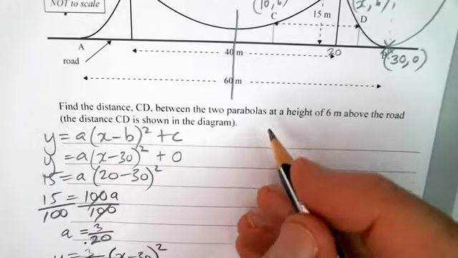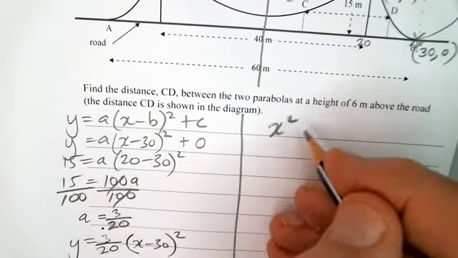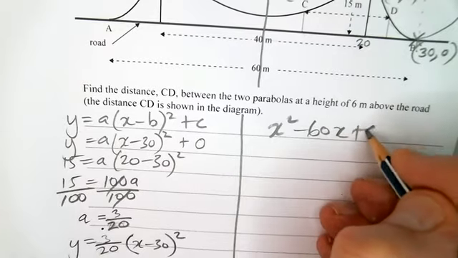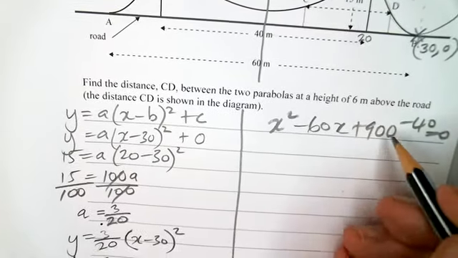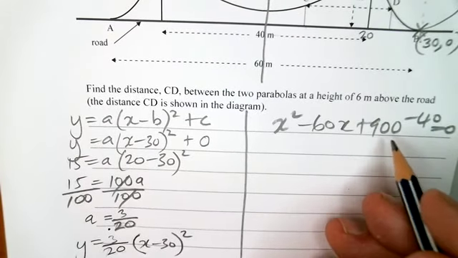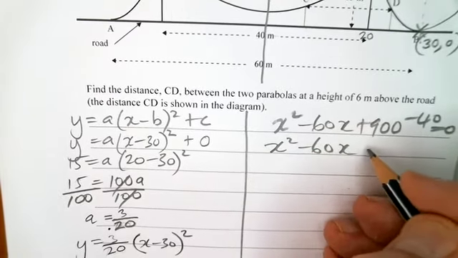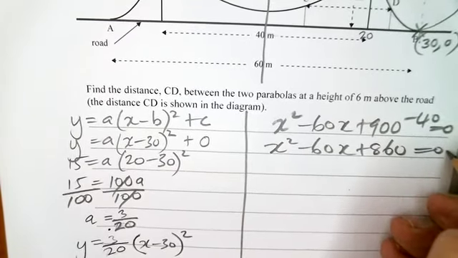This is what I'm going to solve: x squared minus 60x plus 900 minus 40 equals 0. So 900 minus 40 is 860. So x squared minus 60x plus 860 equals 0.